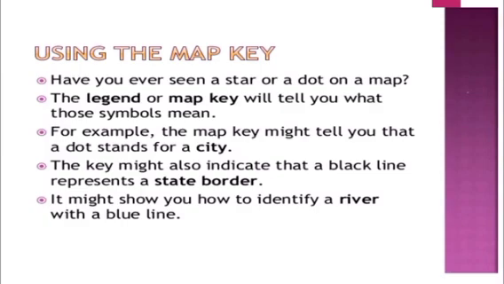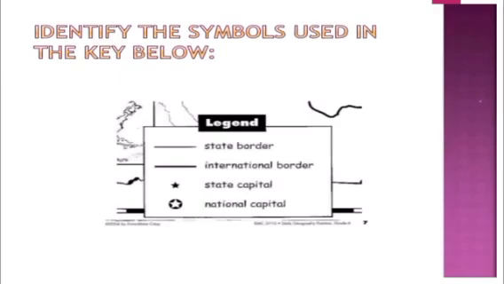It might show you how to identify a river with a blue line. Identify the symbols used in the key below. Here we can see 4 legends like state border, international border, state capital and national capital.